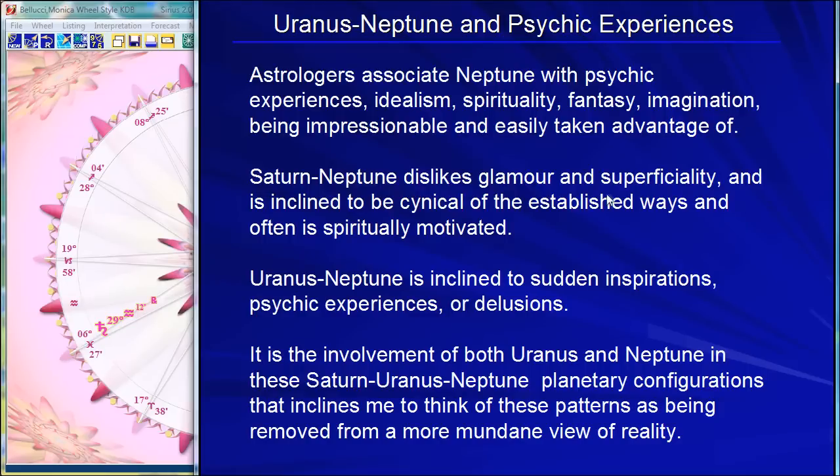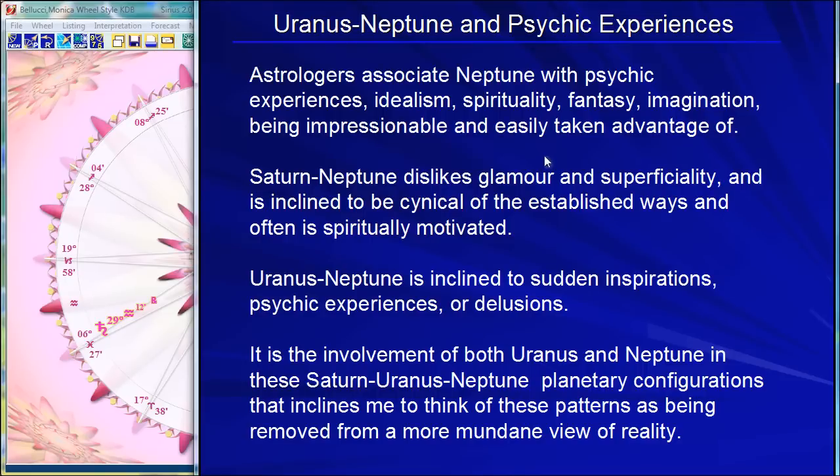So to explore this idea that Uranus and Neptune lead people to, for example, drugs, these hugely inspired and disrupted psychic states, is Uranus-Neptune.